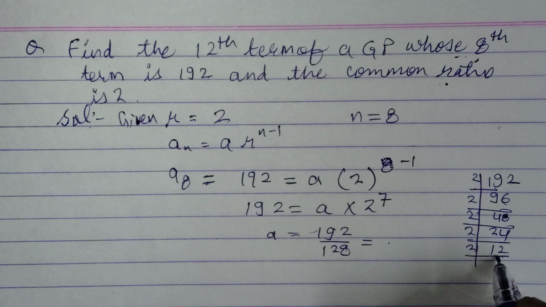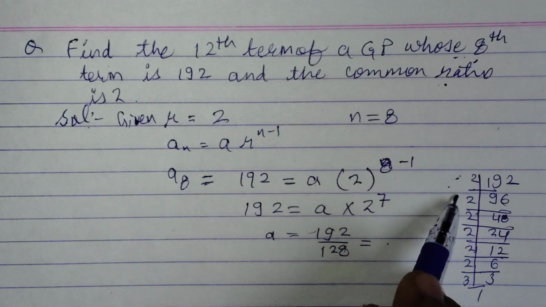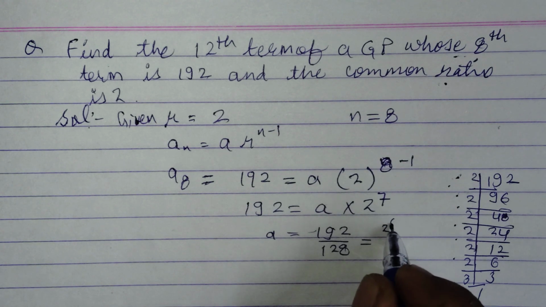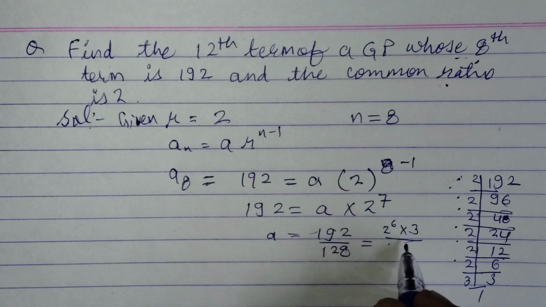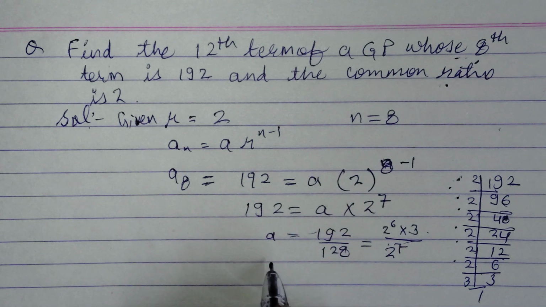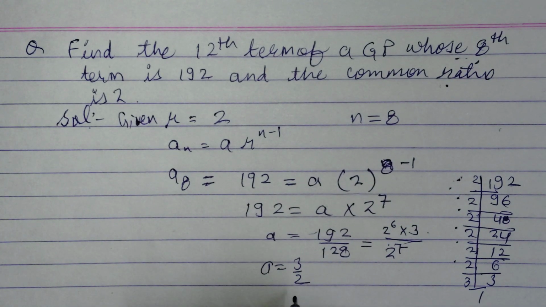Divide by 2, 6. Divide by 2, 3. So how many 2s? 1, 2, 3, 4, 5, 6. So 2 power 6 into 3. In the denominator there is 128, which means 2 power 7. So 2 power 6 and 2 power 7 cancel out, only 2 is left. So 3 by 2 is the first term. We get first term a is 3 by 2, or 1.5.